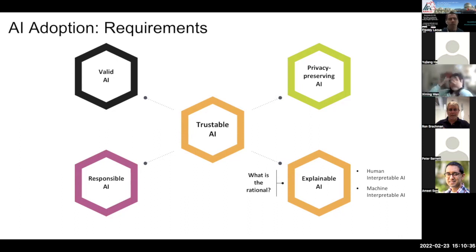Any system that embeds models or any algorithms built on top of data, or on top of knowledge representations or planning techniques, should be trustable. We should be able to trace the rationale, the reasoning, or the learning mechanism, and people should be comfortable trusting a system that makes decisions on top of data or whatever reasoning mechanism. That's the trustable AI dimension.